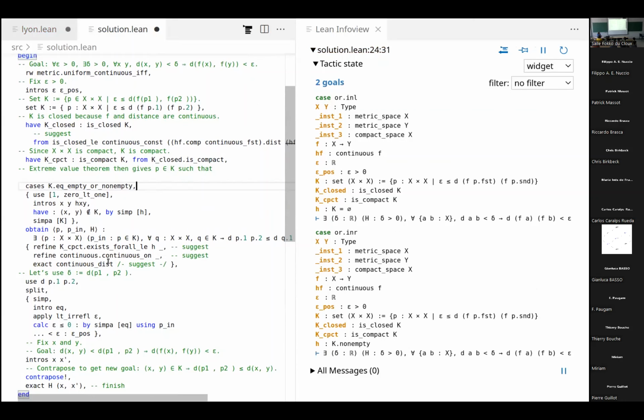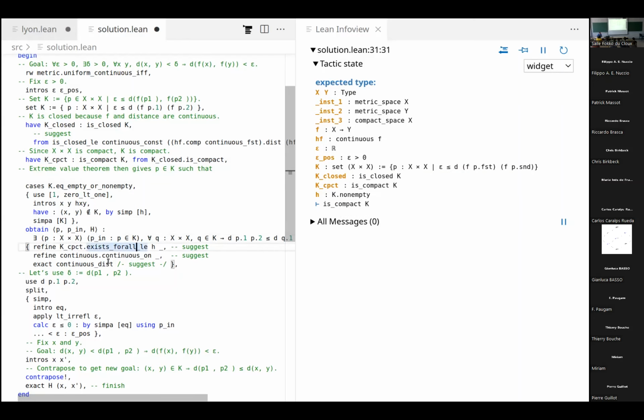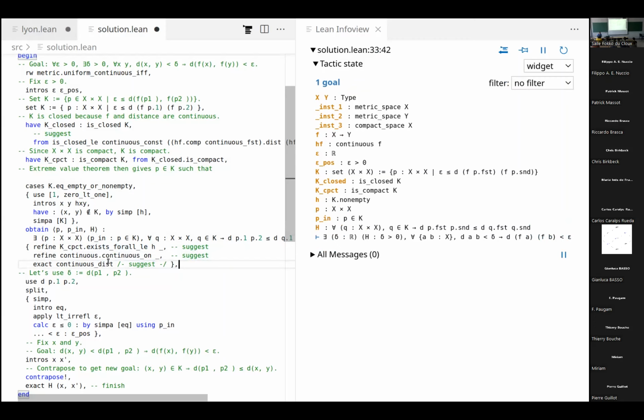And in the case K is empty, I've got to do something. And actually, I need to type 4 lines that I wanted to skip anyway to handle the case where K is empty. And then I'm back on track. And when I'm back on track, I can indeed apply the extreme value theorem and get my delta, my P that I wanted.